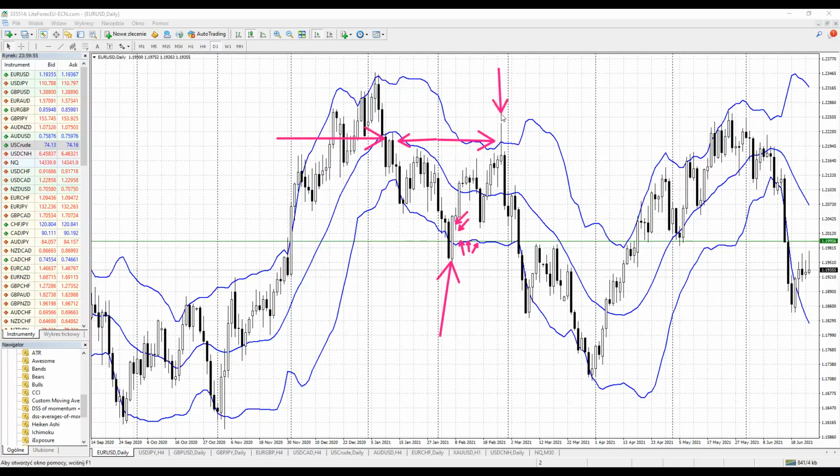Now, there was a rejection day, all right? So immediately the next day, I would look for possible price action to the downside based on the top Bollinger Band. So in other words, to visualize, I would look for something like this on the smaller time frame. Let's say that's the top and that's the bottom of the Bollinger Band.